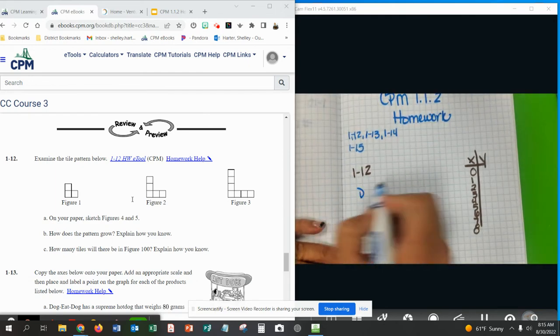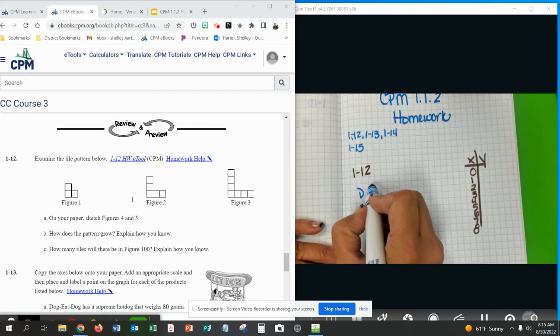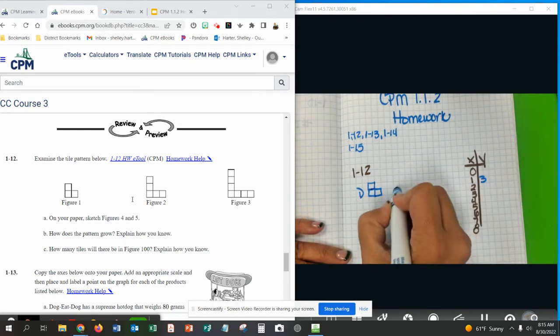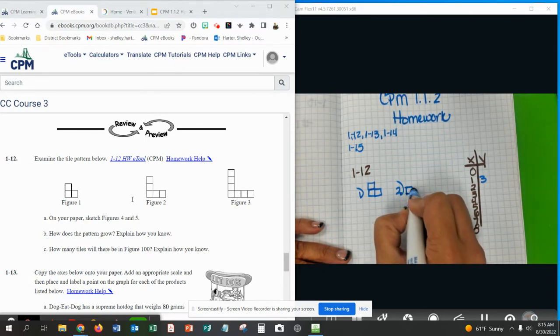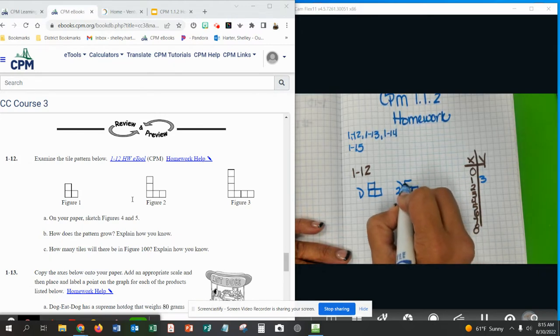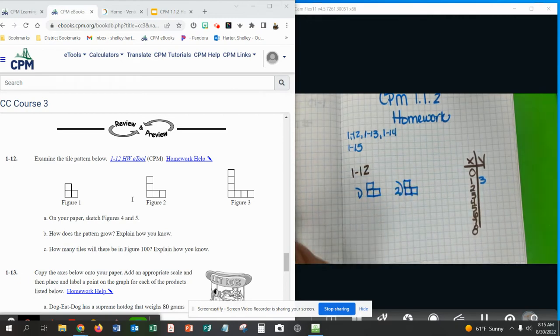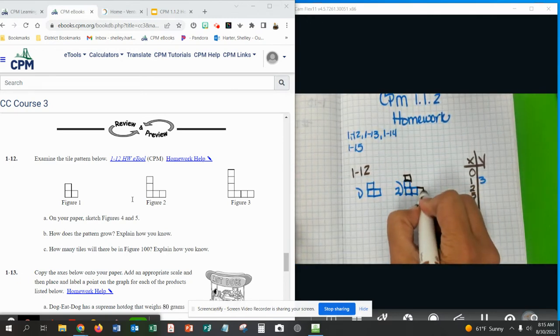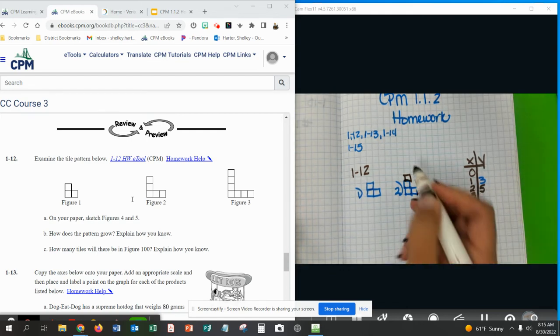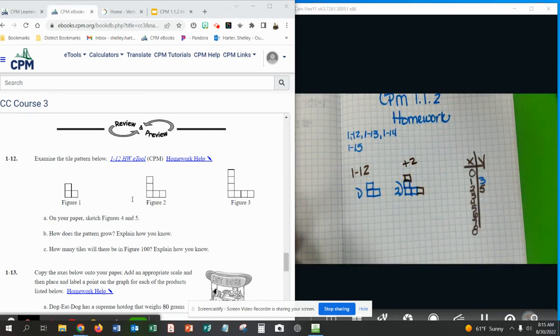So for the first one, figure 1 has 3 boxes. Figure 2 is going up. So you have the original 3 from the first one, and then they're adding 2. So now you have 5. So this is a +2 situation.